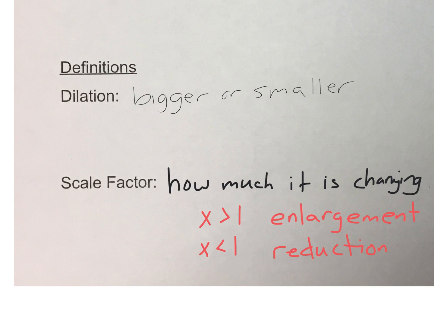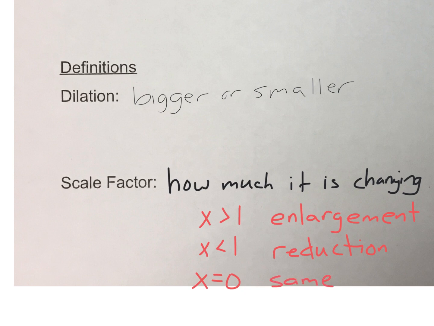Give me a number that's less than 1 without going negative. 0. Okay? Let's talk about that real quick. If x equals 0, what's happening? Nothing. It stays the same.